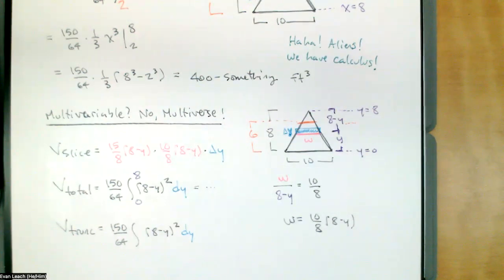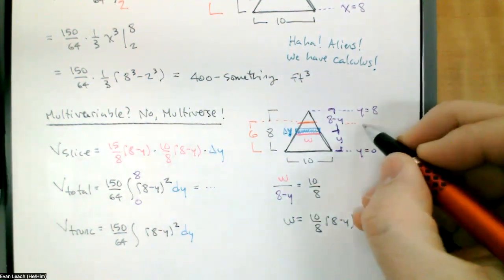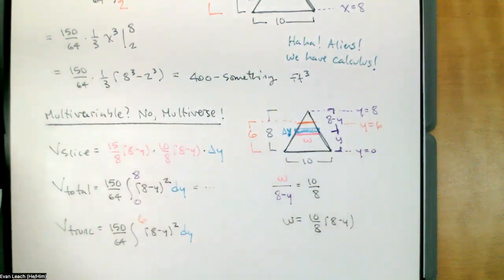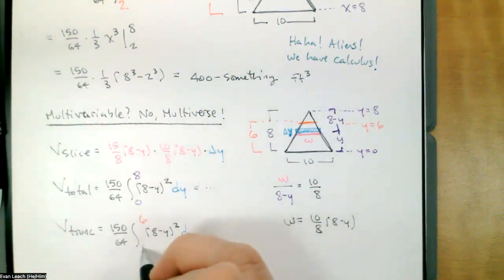But now since we're integrating from the bottom of the pyramid up, instead of integrating from 2 to 8, where x equals 2 to x equals 8 is the bottom 6 feet of the pyramid, the bottom 6 feet of the pyramid is now y equals 0 to y equals 6. So here is where we integrate from 0 to 6.